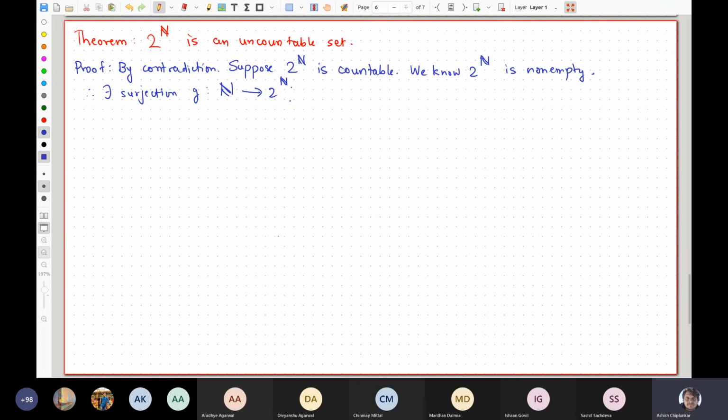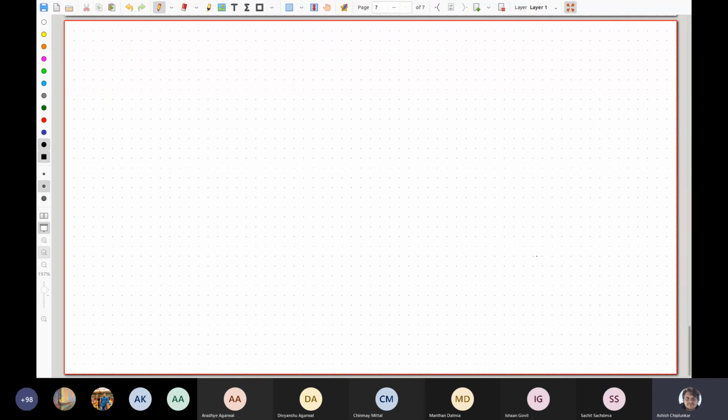So let us pause and let us just see the intuitive idea behind this proof. Okay, so we'll come back to this proof, but let us see the intuitive idea. So let us create some kind of a table over here. I'll have a row for every natural number. So this is a countably infinite table in both directions.